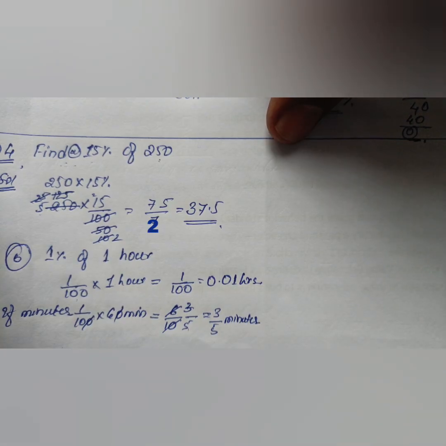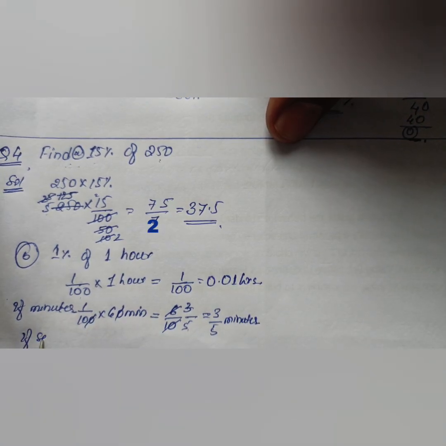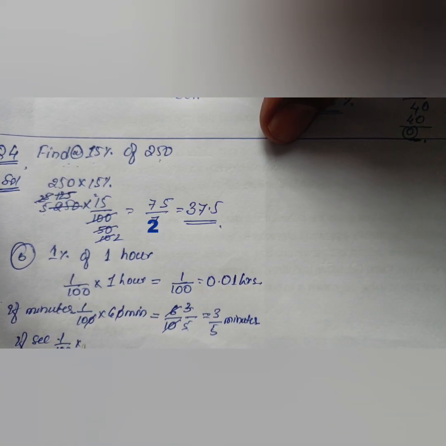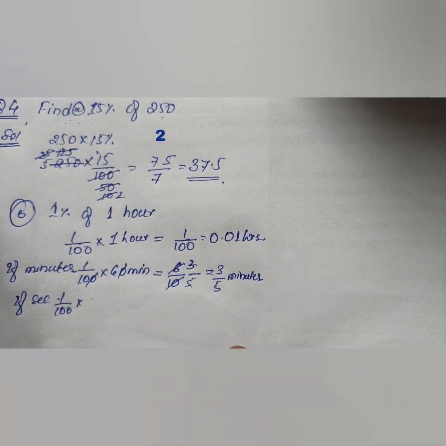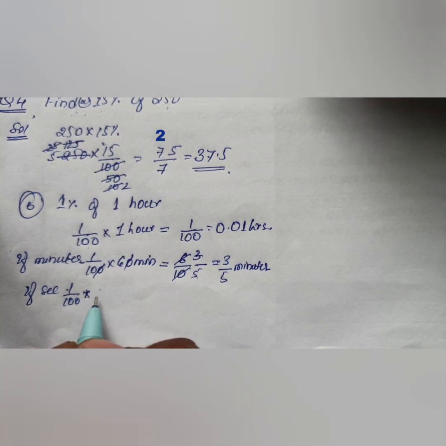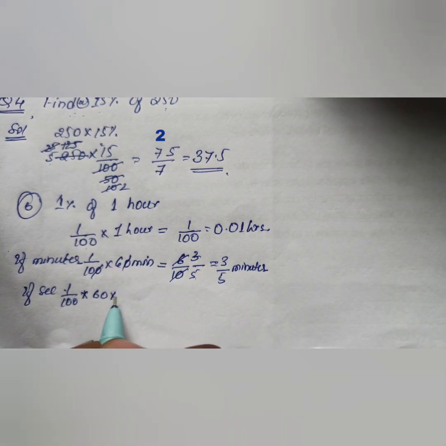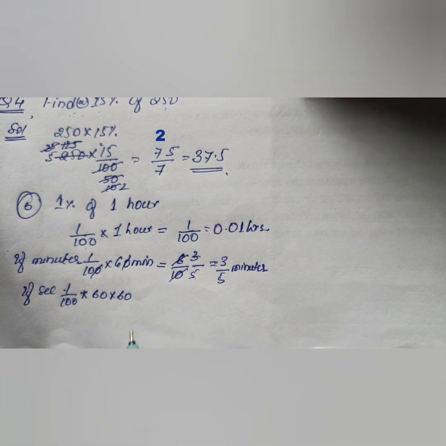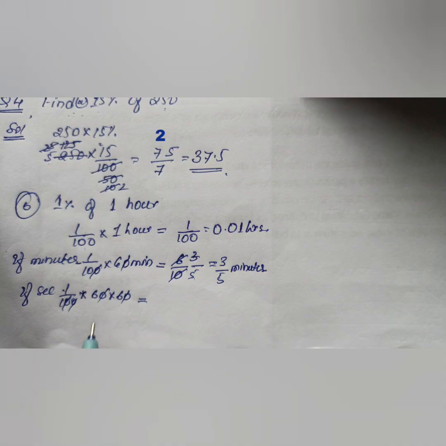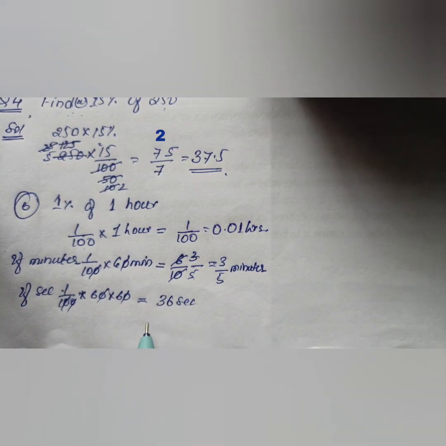If you want to calculate in seconds, 1 divided by 100 into, 1 minute makes 60 seconds and 1 hour makes 60 minutes. So 60 into 60, a 0 here, a 0 here cancel. So the answer will be 36 seconds.